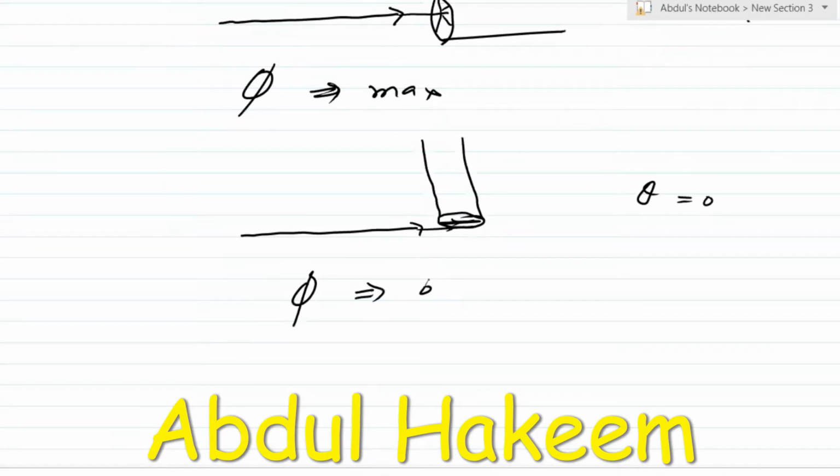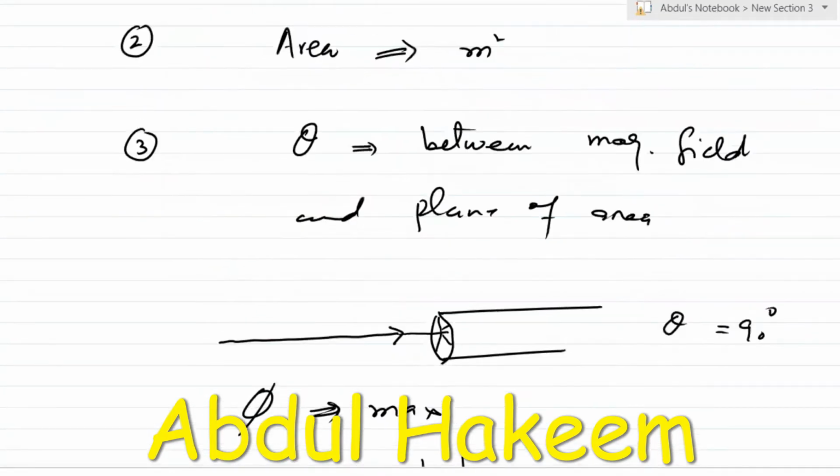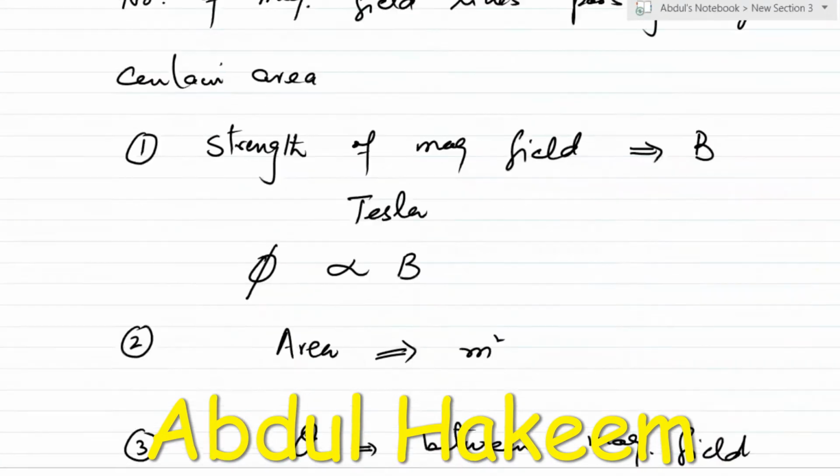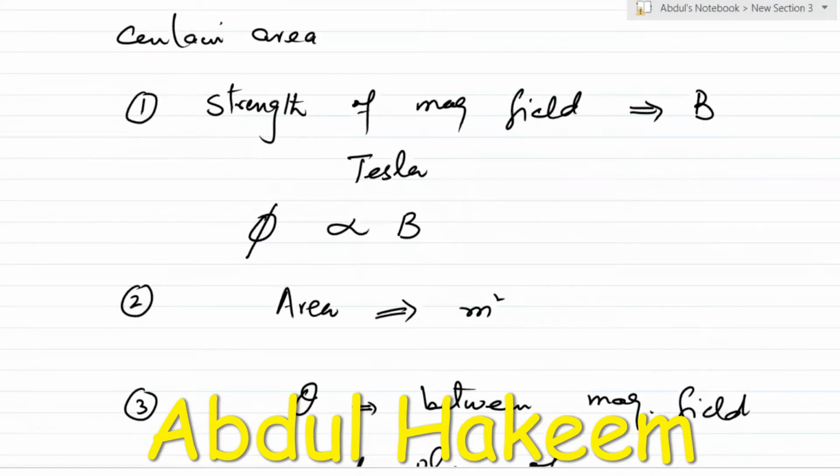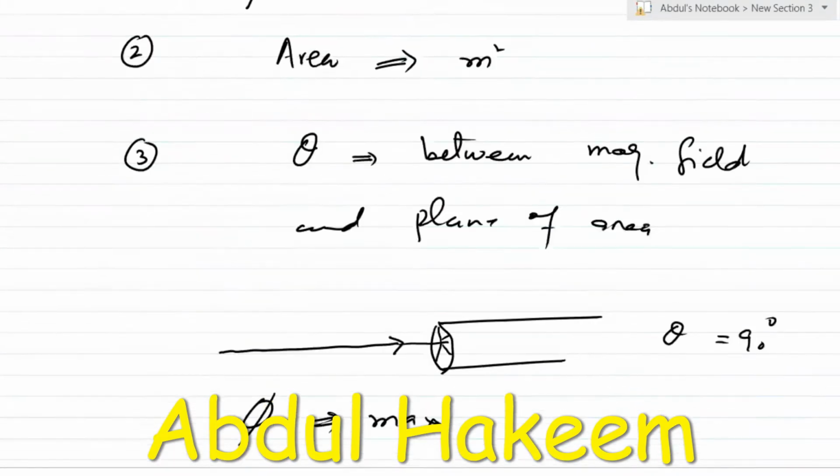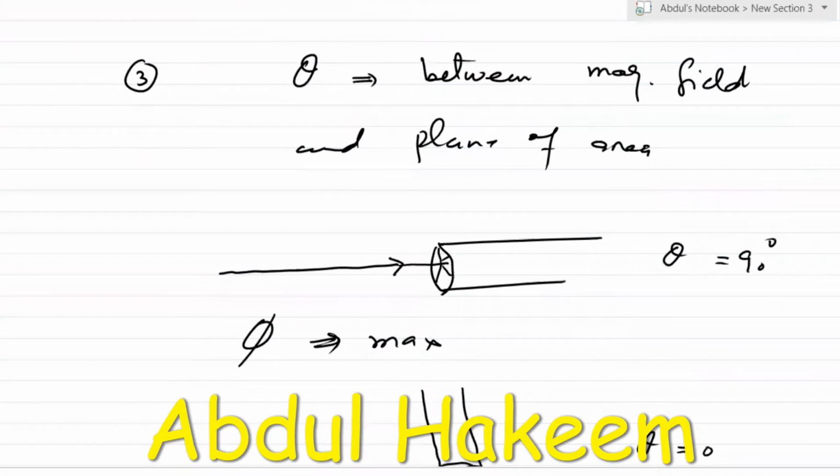So this magnetic flux, which is phi, depends on three factors: strength of the magnetic field, area, and number three, the angle theta. Theta 90, so it's maximum. So sine 90 maximum value, so 1. So it depends on B, it depends on area, and number three, it depends on the sine of the angle.